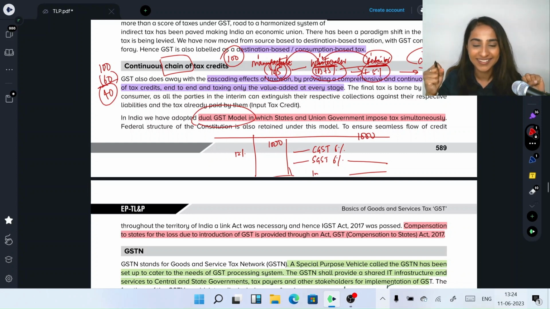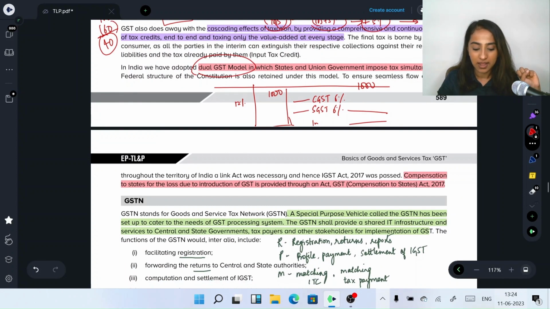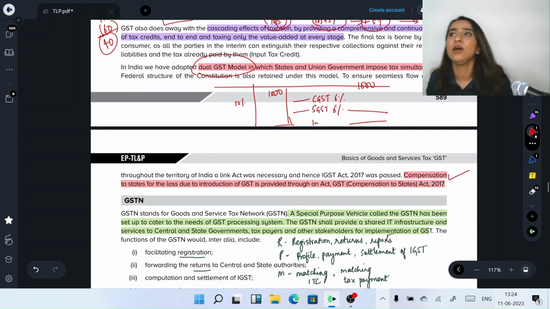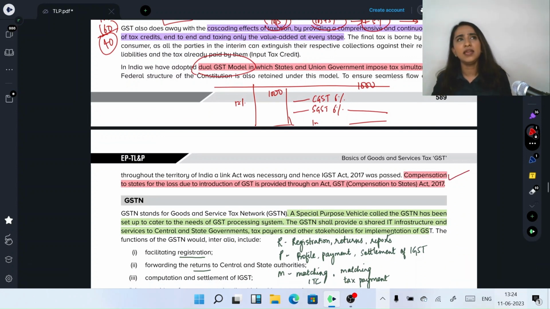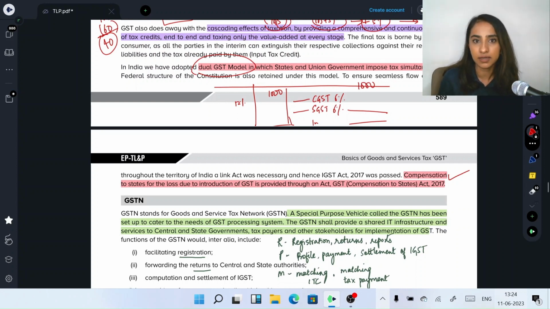Okay, so moving ahead, what is this compensation to states? Now, I briefly mentioned to you that under GST, the states also have the power to levy GST. But why should the compensation be given to states, right?